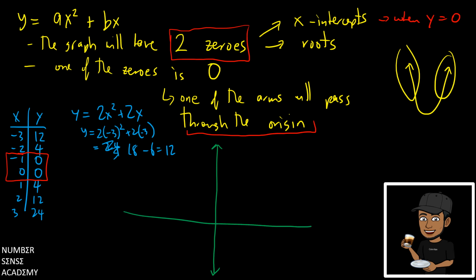All right, so I'll try and graph this. It's going to be terrible, but it is what it is. So we have 0, 0. We have -1, 0.